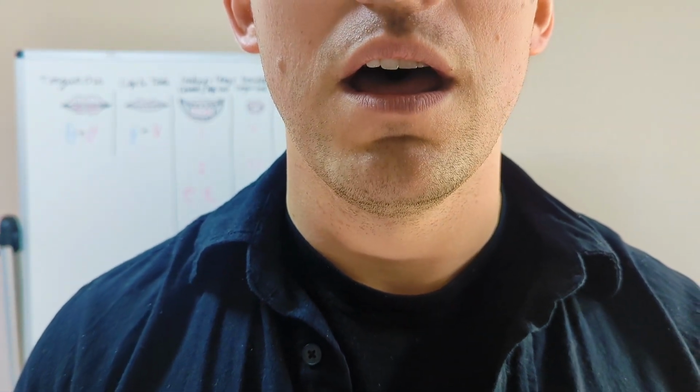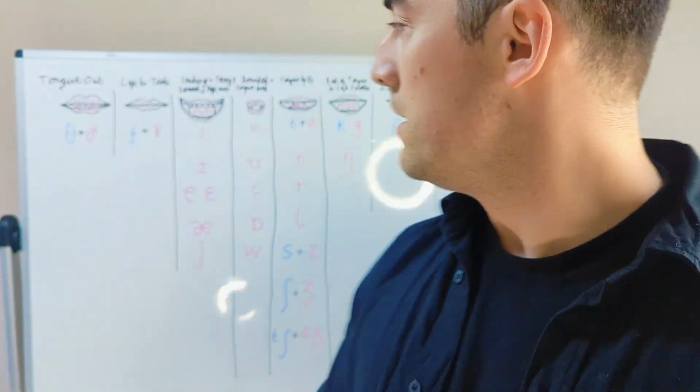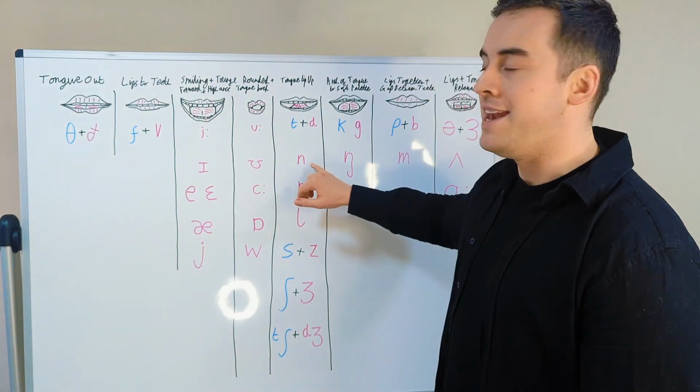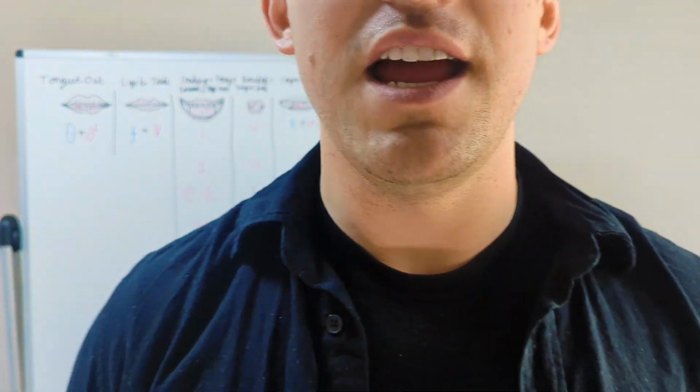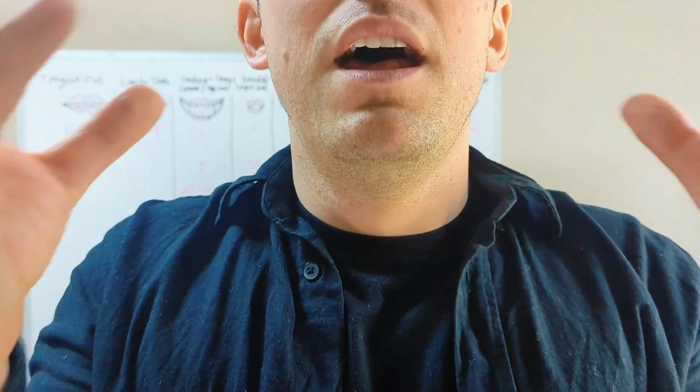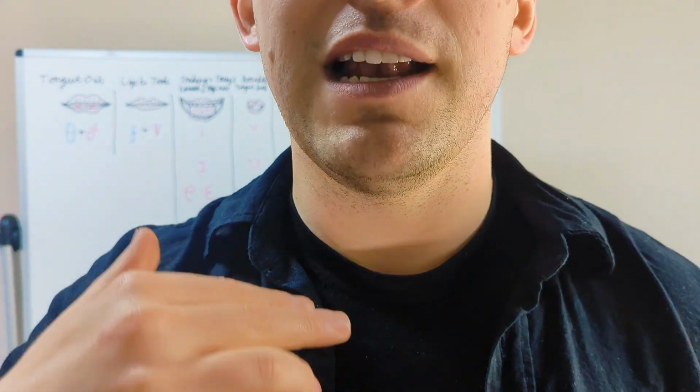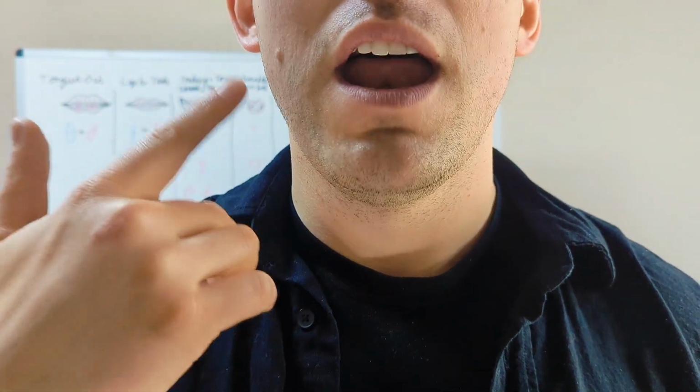Then, N. We already did it, but very similar to the D, but instead of making the air pressure build up and pop out, you're just going to let the air go through your nose.